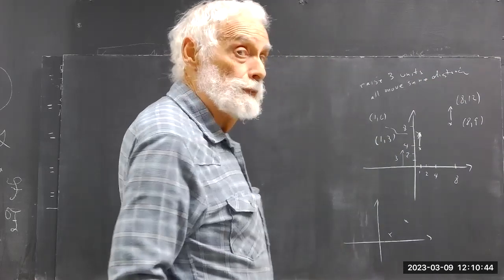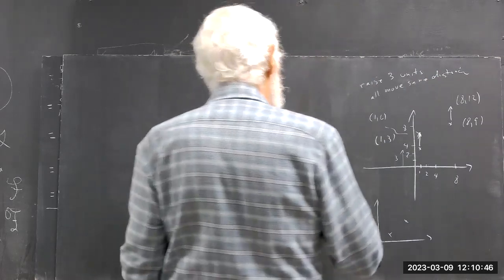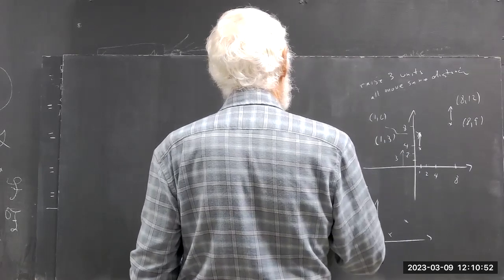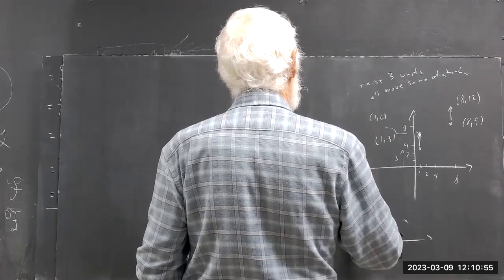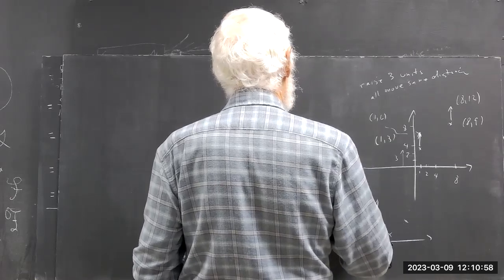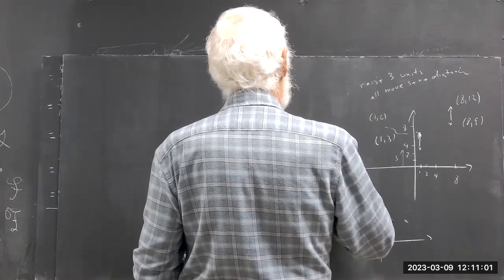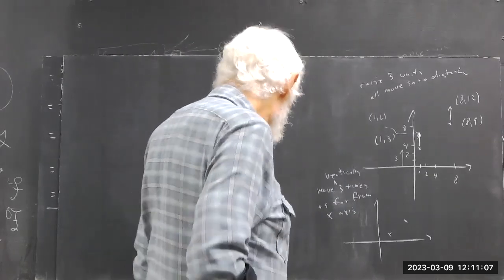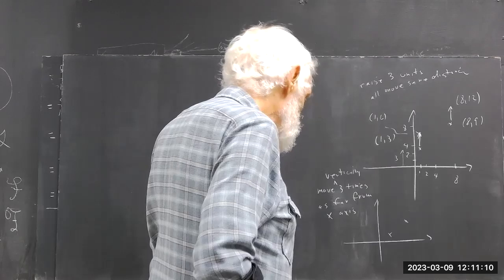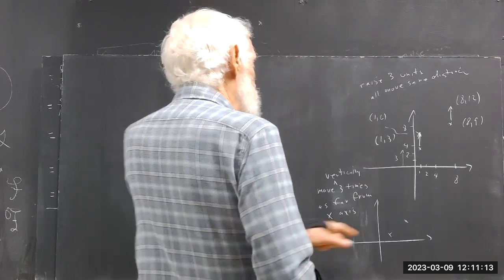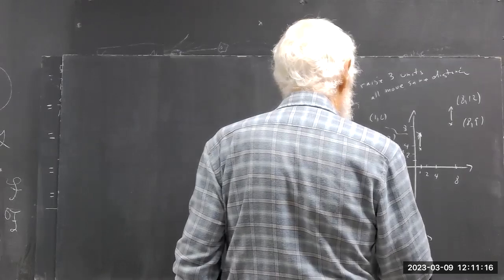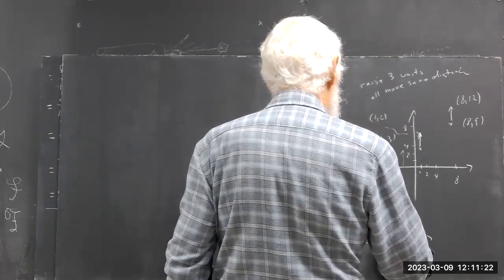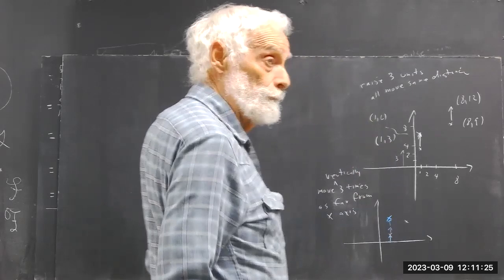Now, if I want to move 3 times as far from the x-axis, you have to be careful in the problems, I think, to state this is moved vertically 3 times as far. Well, if I move this point 3 times as far, this is how far it is. If I move that far again and that far again, then I've got a point 3 times as far.